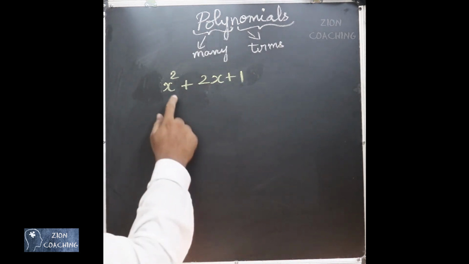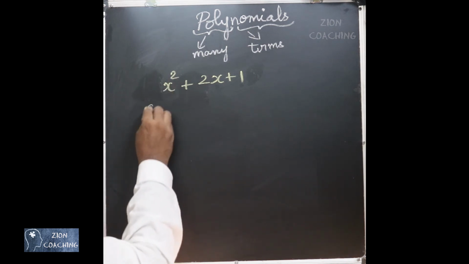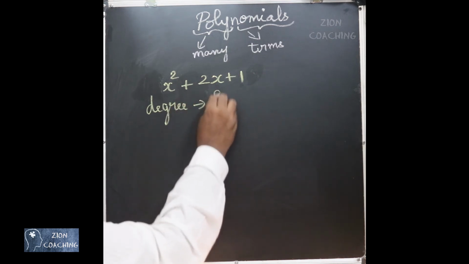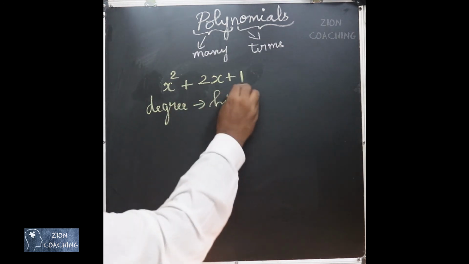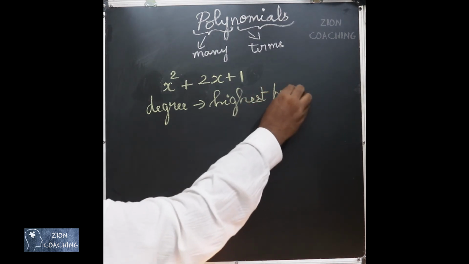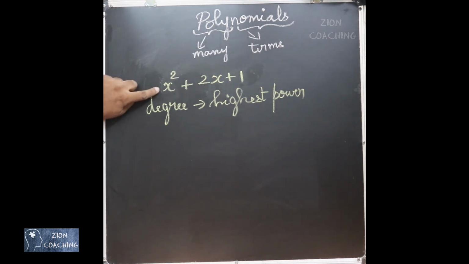Now, in this, what is the highest power of the variable? That is called degree. Degree is nothing but the highest power of the variable in a given polynomial. In the example which I have given, the highest power of the variable is 2. So the degree of this polynomial is 2.